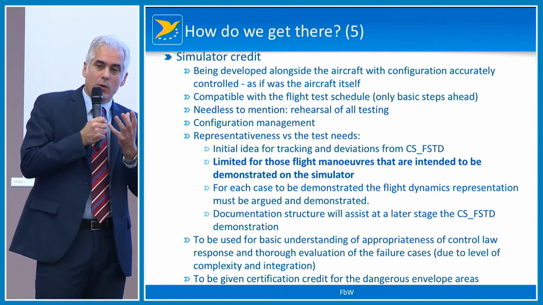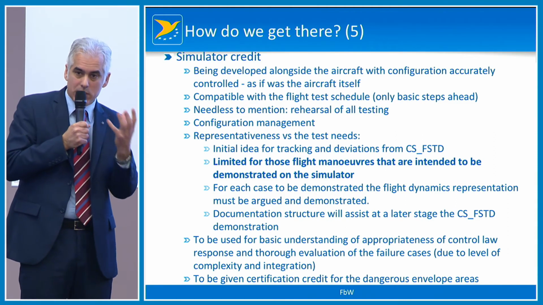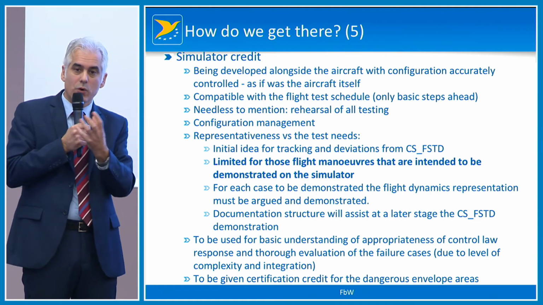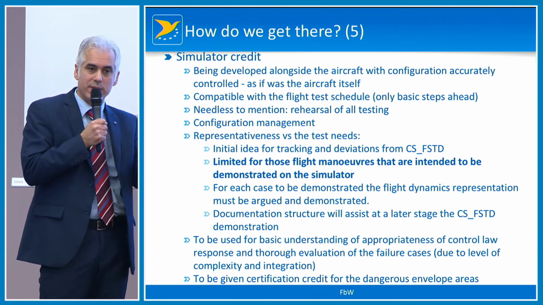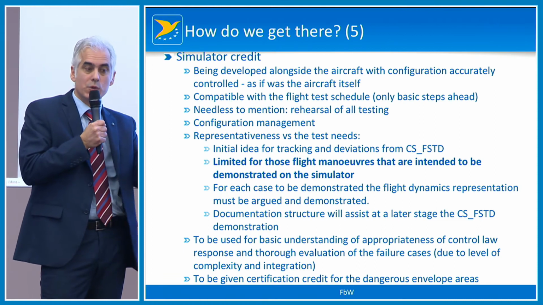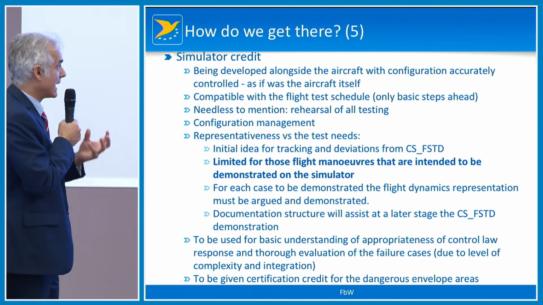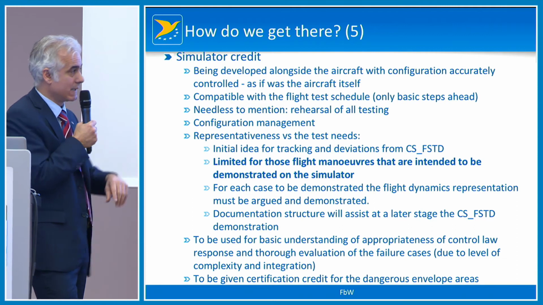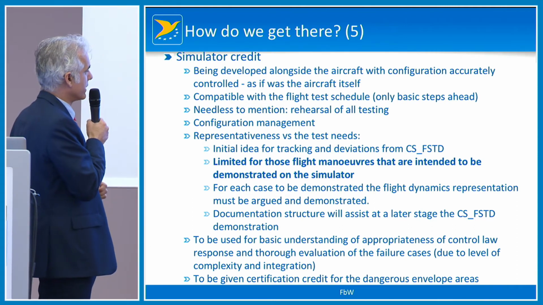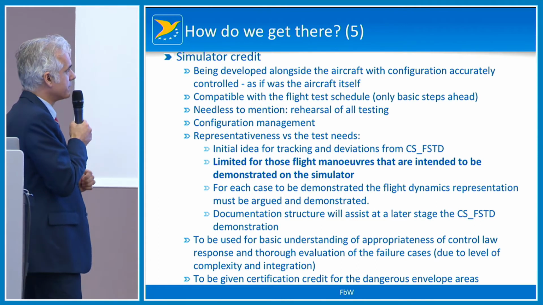So when we're going to talk about simulator credit, we're going to talk about only those maneuvers that have been defined by industry to be demonstrated there, not everything, like the flight standards do very often for the whole flying part.